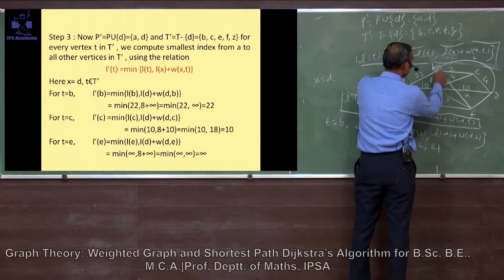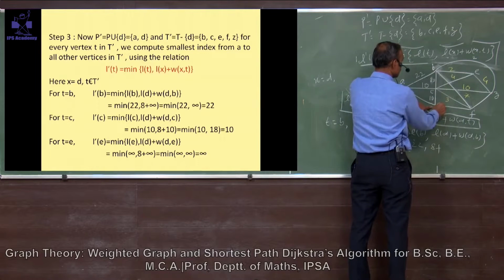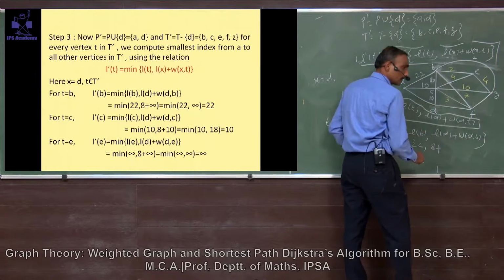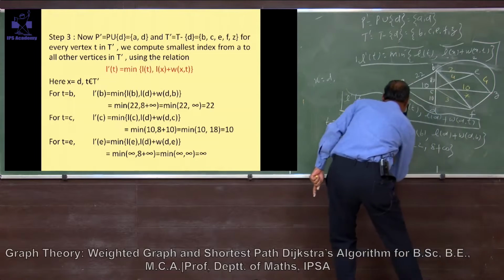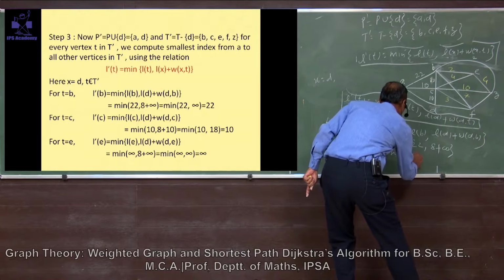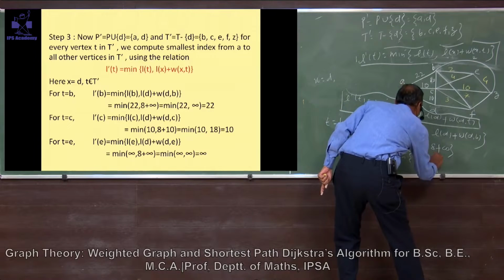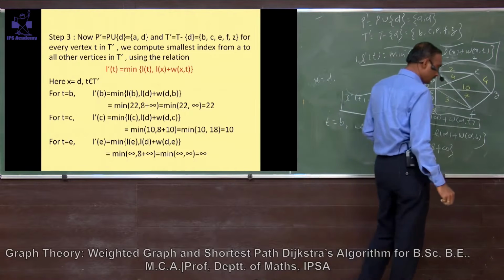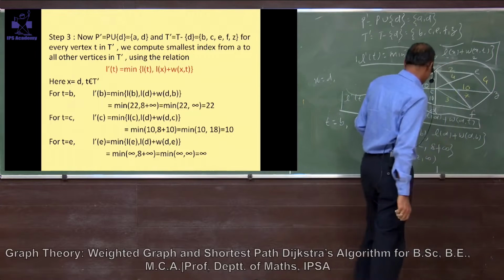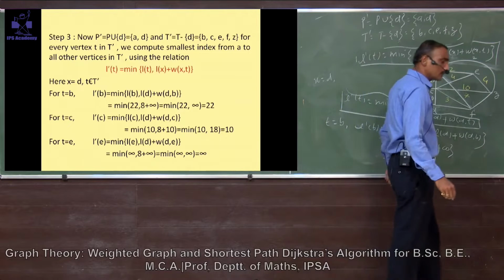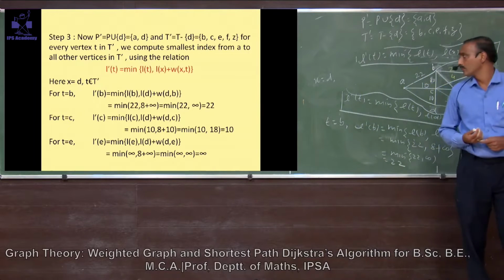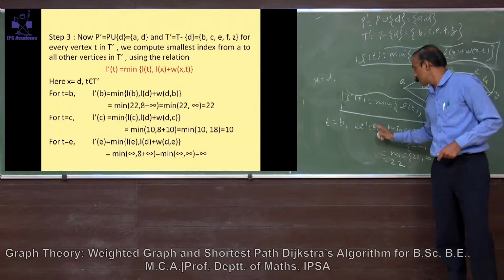Here d and b are not adjacent to each other, not directly connected, so we put infinity. The minimum of 22 and infinity is 22, because adding any number to infinity always gives infinity. So this is the index L'(b).